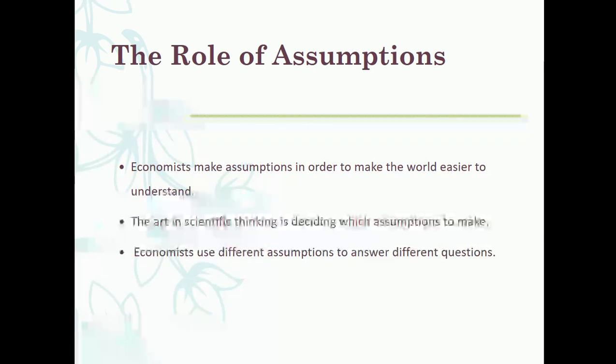For example, when we talk about international trade or when we talk about an open economy, just to simplify the problem and make it easier to understand, we assume that the world consists of only two countries and two goods, just for our simplicity.